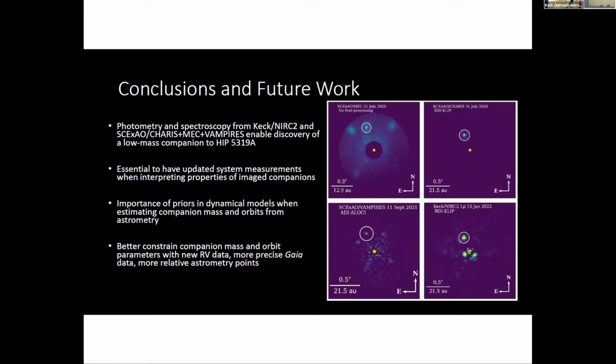At least at SCExAO, which I'm a bit more familiar with, because MEC is the instrument that my group works with, we typically take observations during engineering time of known binaries that have well-characterized position angles. And so we're able to, using those, calibrate the rest of our images and our instrumental rotation or offset from true north.